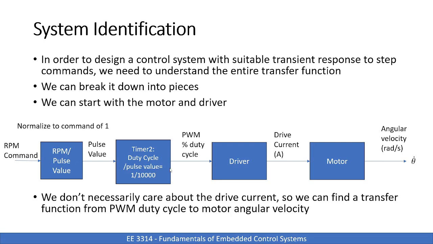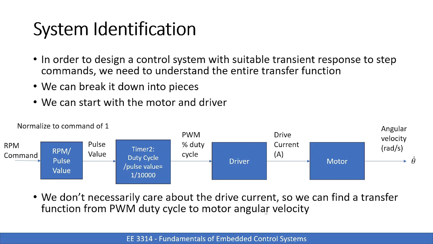Okay, so this is kind of the open loop chain of conversions. We don't really care about a lot of this stuff in the interim. So if we make a measurement, say we set an RPM of 100%, measure that angular velocity, then we can kind of use that to model this section of the motor.